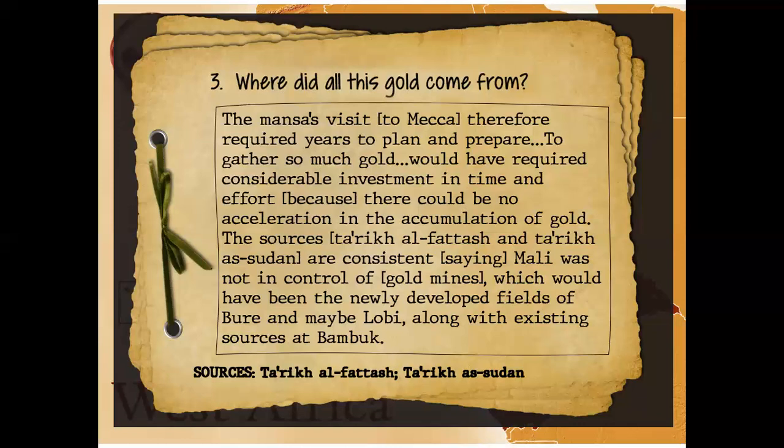Why would it have taken years to gather so much gold? Because there could be no acceleration in the accumulation of gold. What does that mean? Accelerate means to speed up, and accumulate means to gather a lot of, right? So you could not speed up the process of gathering gold.